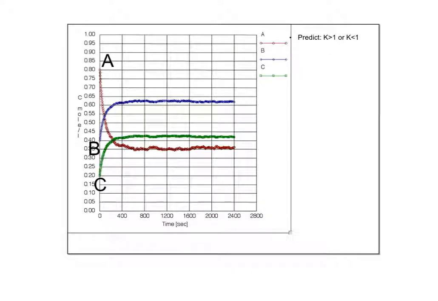For this problem, I just want you to look at the graph and predict if K is bigger than 1 or less than 1. So we can put our equilibrium line, maybe right in here somewhere. We get leveled out. So I'm looking, A is being used up, so it's a reactant. B and C are products because they're forming. So looking at this graph, at equilibrium, who do we have more of?